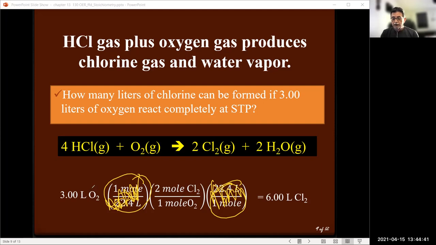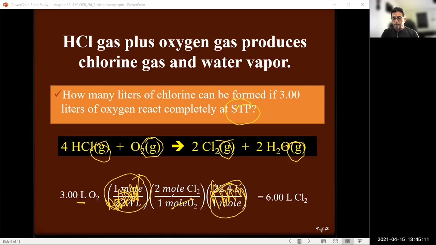And we're not being asked to do any gram calculations or anything like that, because then we're just being asked to go from liters to liters. When you're being asked to go from liters to liters, you're at STP, and everybody is in the gas phase, especially the ones you are working with directly, all you simply need is a stoichiometric relationship between the two.